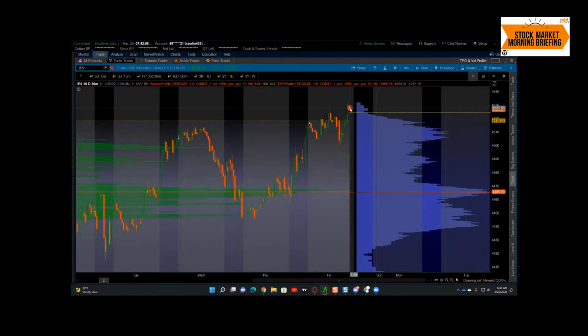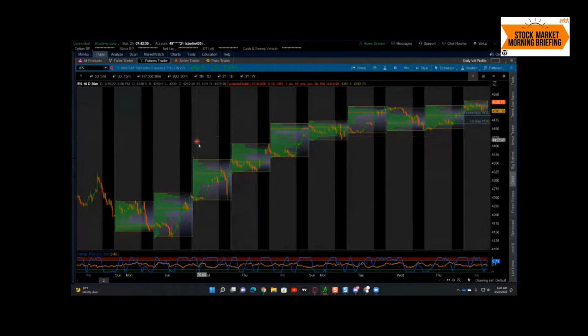We get into the open, we get that first 30-minute pop that tags us into our Globex high again, and then that's the rollover spot, and we spend the rest of the day dumping to the downside, especially on a Friday where maybe people don't want to hold a bunch of stuff going into the weekend. I'm not saying that that's what's going to happen, but I am warning you that we've seen it before and we can absolutely see it again.